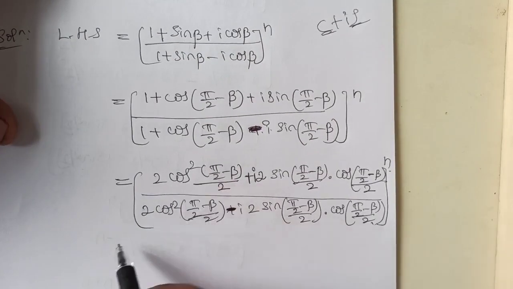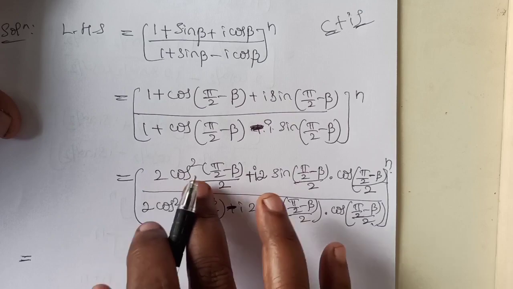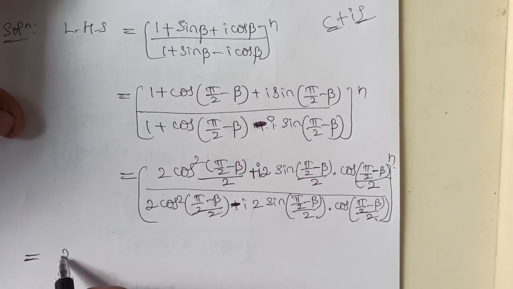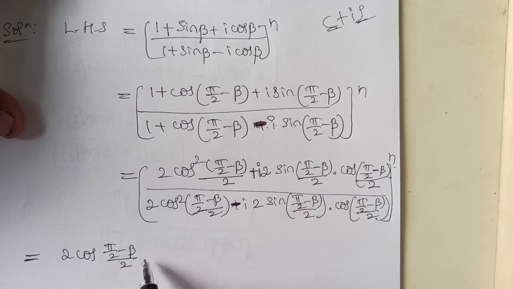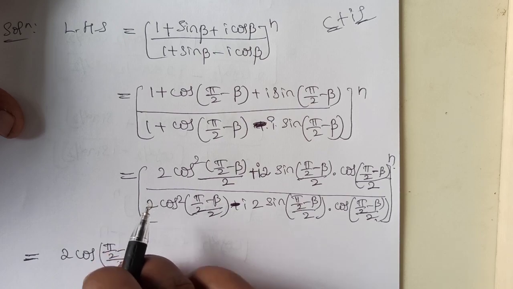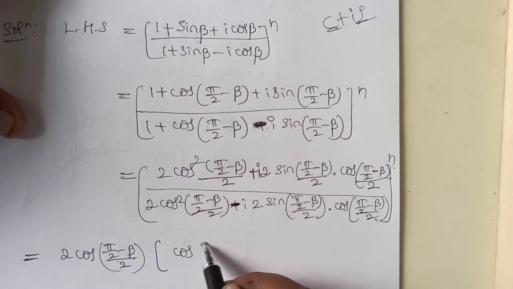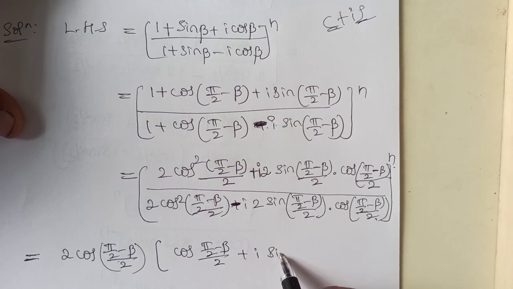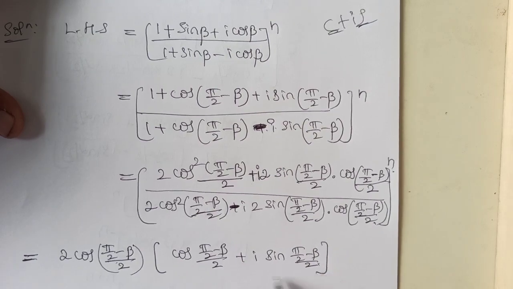Now, further simplifying, we can take 2 cos as a common term. On taking 2 cos (pi by 2 minus beta) divided by 2 outside, just keep it as it is, don't go for simplification. In the bracket we get cos (pi by 2 minus beta) divided by 2 plus i sin (pi by 2 minus beta) divided by 2.